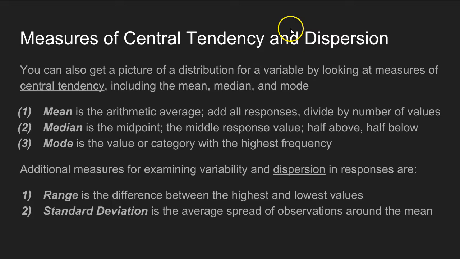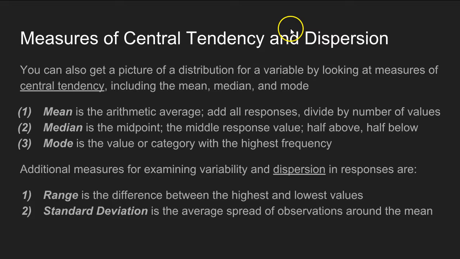It's difficult to just look at a frequency distribution because it doesn't tell you the complete picture of how data are dispersed within your data set. So you might want to look at measures of what are called central tendency, how variables center around a particular value.